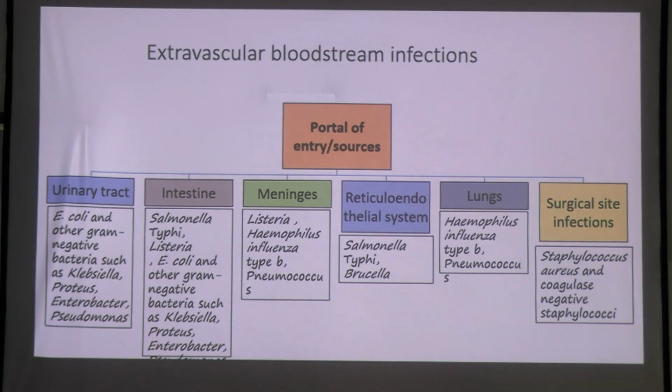Okay. Now, if you look at this classification, some bacteria will have propensity to cause urinary tract infections. So, for example, E. coli, Klebsiella, they cause UTI more frequently. Hence, if there is a sepsis by E. coli, the most probable route would be through urinary tract. Similarly, Listeria and Haemophilus, they cause meningitis.